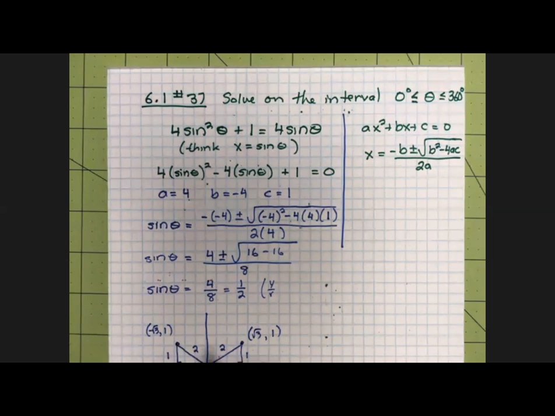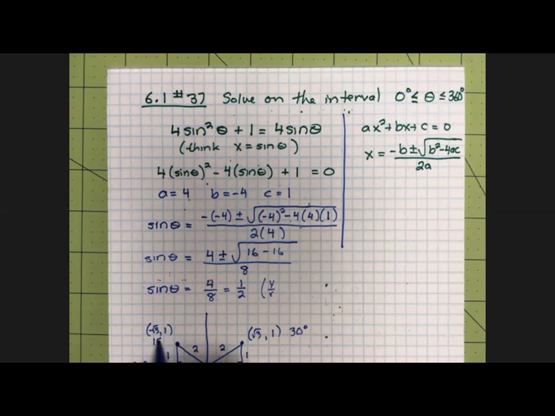I also remind you of this, and the book follows the same convention. I label these triangles with the same side lengths because they have the same side lengths. But the x coordinate on the left is negative and the x coordinate on the right is positive. That's where I put in the different signs. This is 30 degrees. This is 30 degrees less than 180.